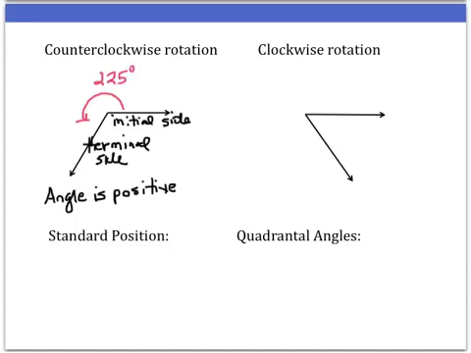Now, if we measure our angle clockwise and go in the opposite direction, things change a little bit. We still have the same initial side. This is where we begin, and we go clockwise like this to our terminal side.